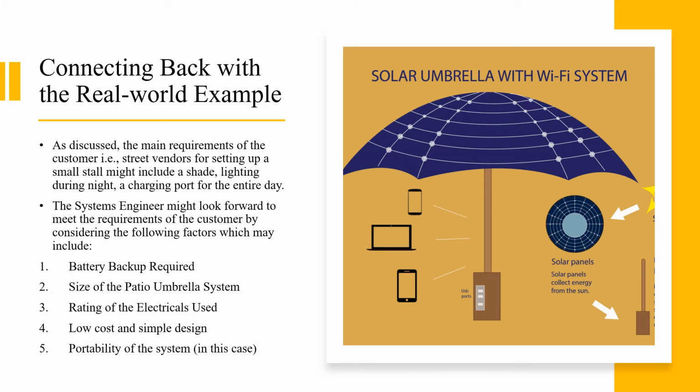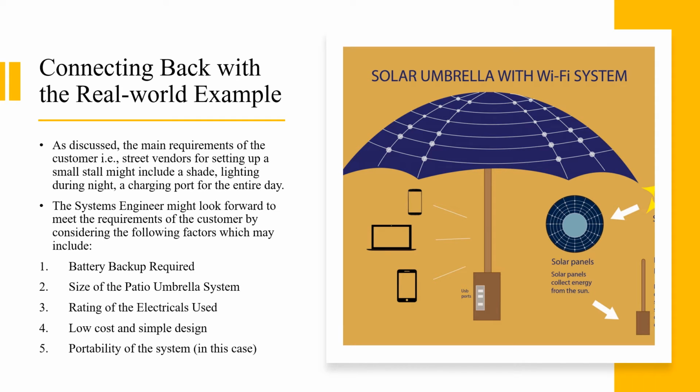In order to explain this, I am taking the solar patio umbrella system as an example. This is our project. Here our customers are street vendors and their requirements are that they need a small scale system which includes the shade, lighting during night, and a charging port for the entire day.